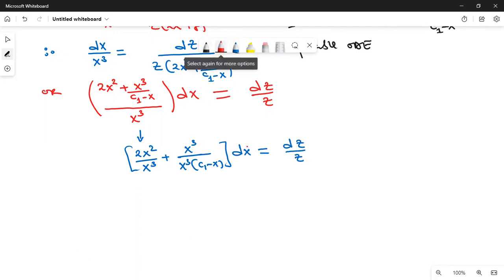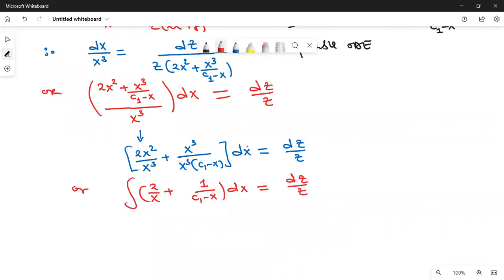And so you can simplify this further. You can write 2 over x plus 1 over c1 minus x, this is dx, is equal to dz over z. Now it is easy to integrate both sides of this equation.